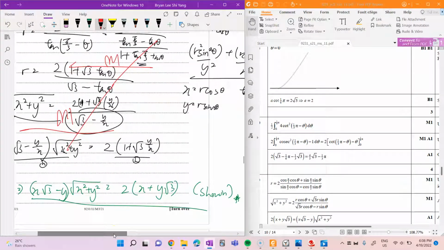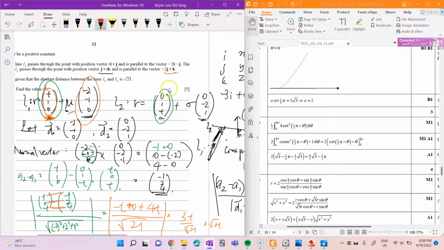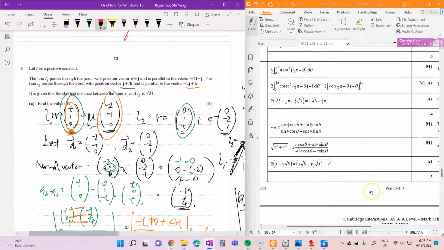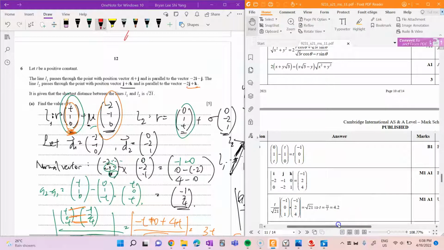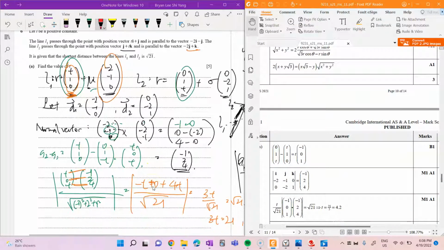After substituting a whole bunch of stuff, I got this. So since it aligns with what was given in the question, full marks for this question also. And then the vector question. Okay. So we have, what was this again?